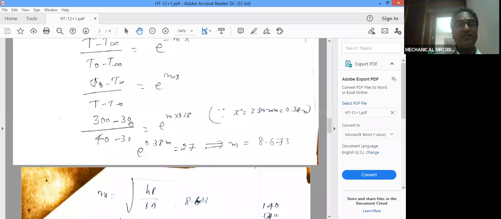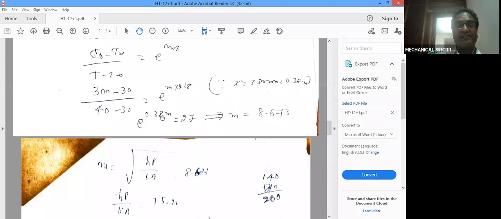So 300 minus 30 divided by 40 minus 30 is equal to e power mx. M is to be calculated, and x is 380 mm, that is 0.38 meters.